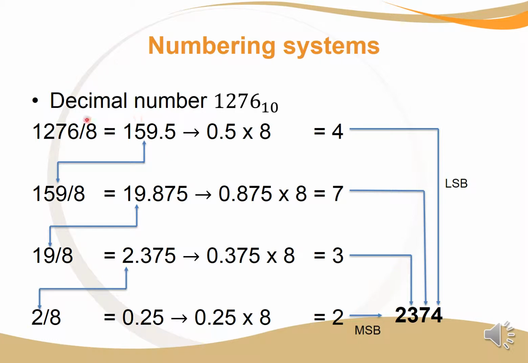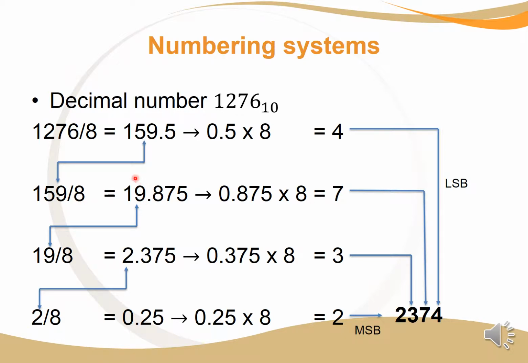Okay, so we start with 1276 divided by 8, which is 159.5. So the 159 moves here, and the 0.5 we multiply by 8 to get the 4. The first digit we work out is our LSB, or least significant bit. In our next step, we take 159 and divide that by 8.